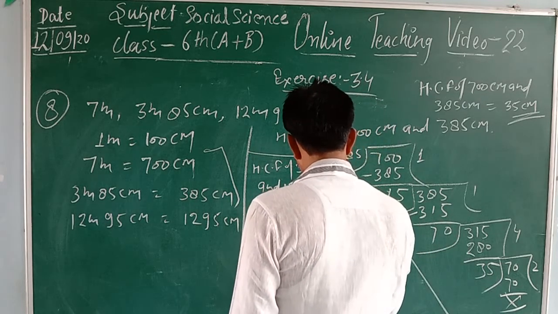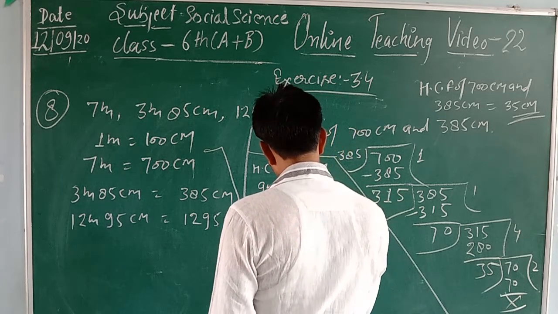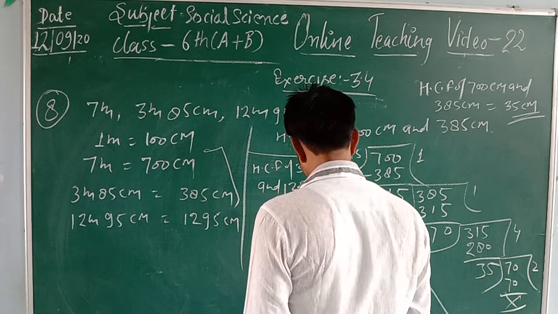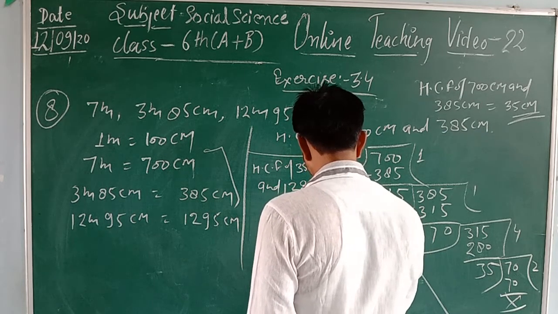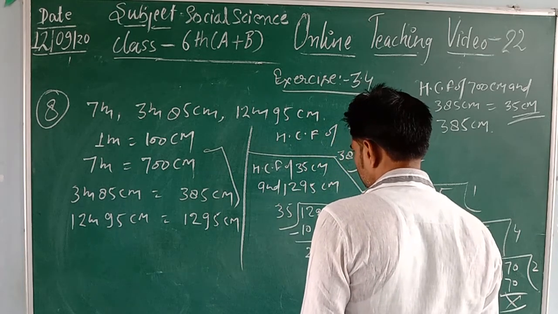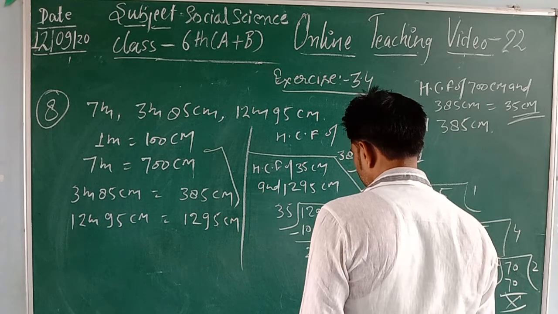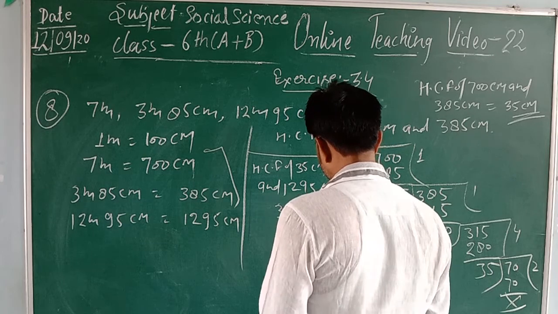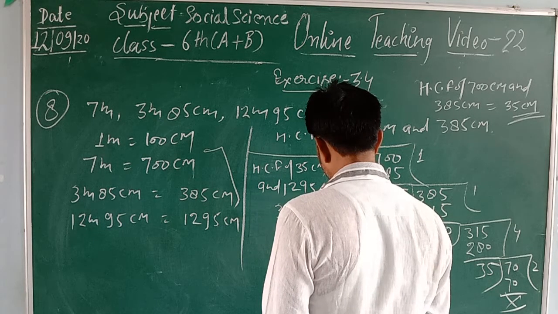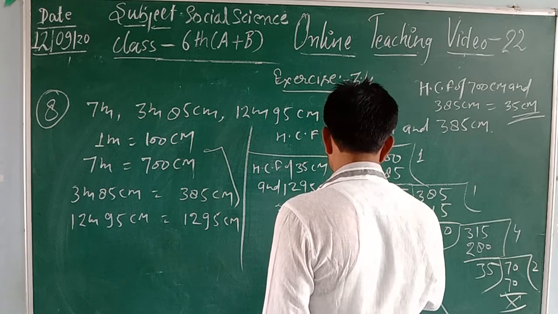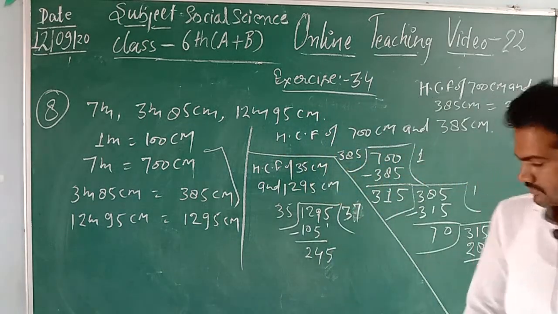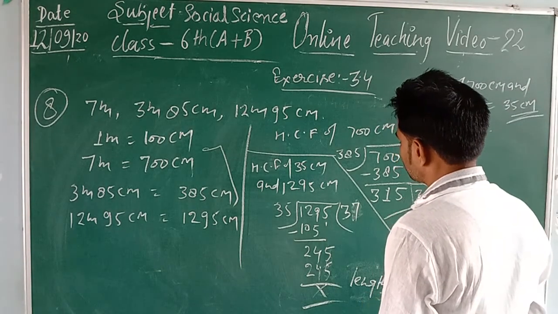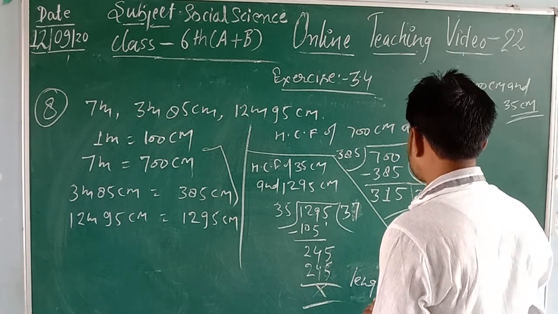Dividing 1295 centimeter by 35, we find that the number is divisible 37 times.